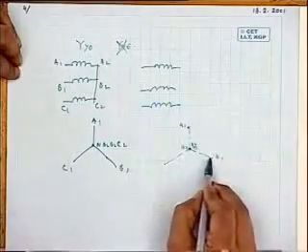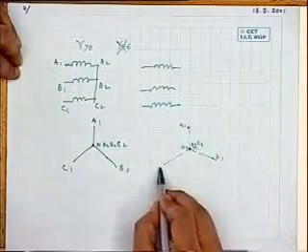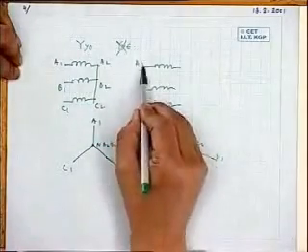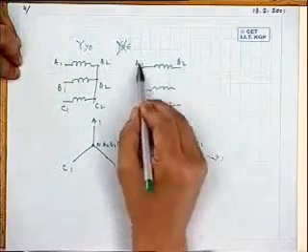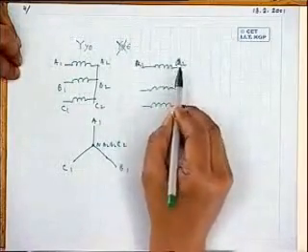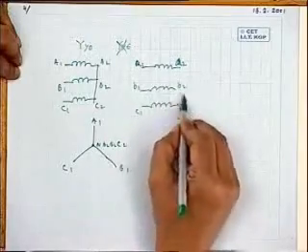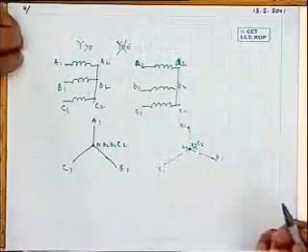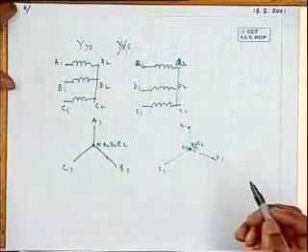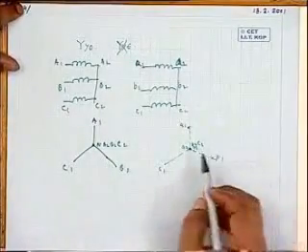It will be A2, A1. This is B2, B1. And this is C2, C1. So A2, B2, C2 you join. Small a1, a2, small b1, b2, and small c1, c2. You join this and you get YY0 connection.